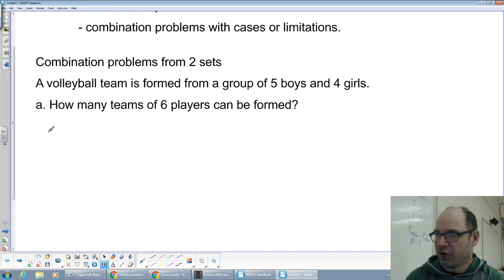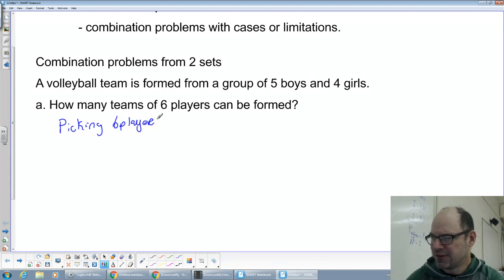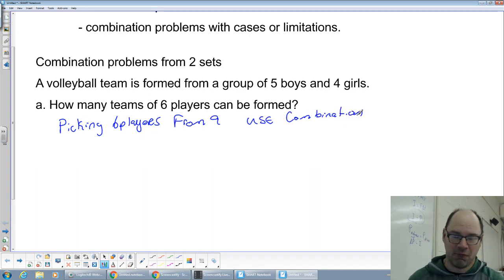Okay, so this one would just be picking 6 players from 9 in a combination, because order doesn't matter. If you're picked first or sixth, you're still on the floor.